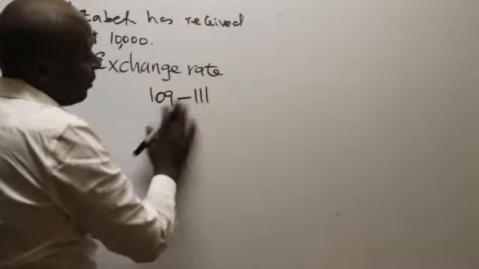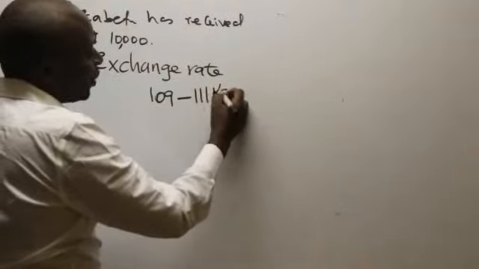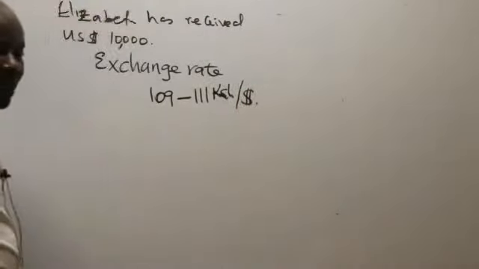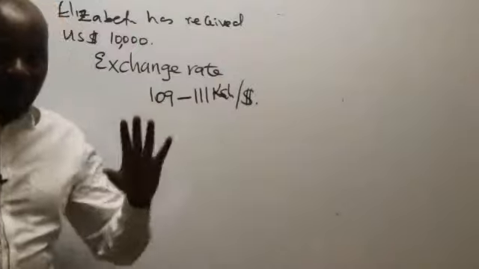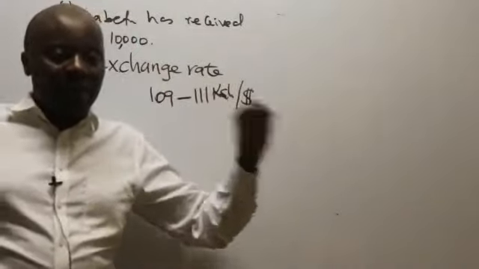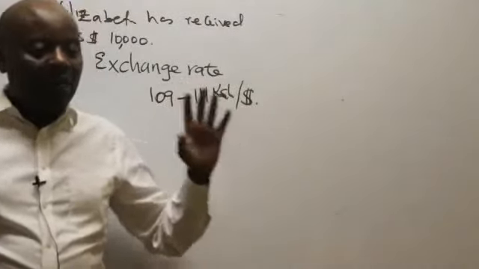I'm exaggerating. It can't be this wide nowadays. To 111 Kenya shillings per dollar. So Madam Elizabeth went to the exchange bureau and got the red board. It has a lower limit and an upper limit: 109 to 111 Kenya shillings per dollar.